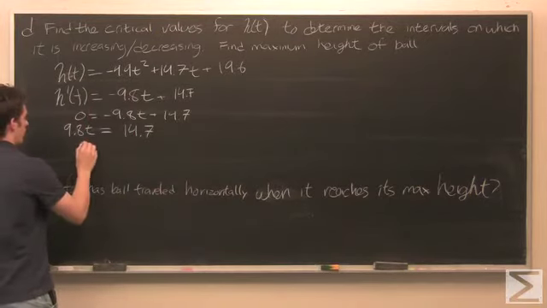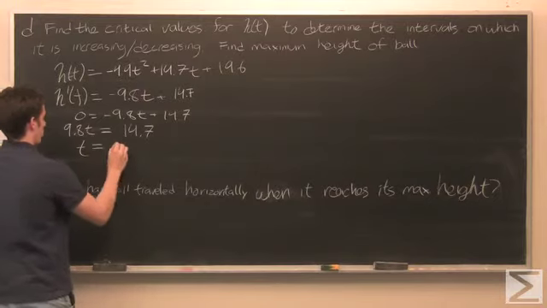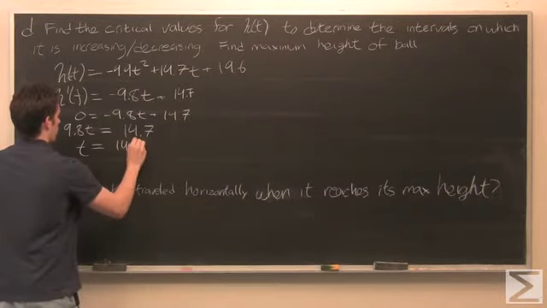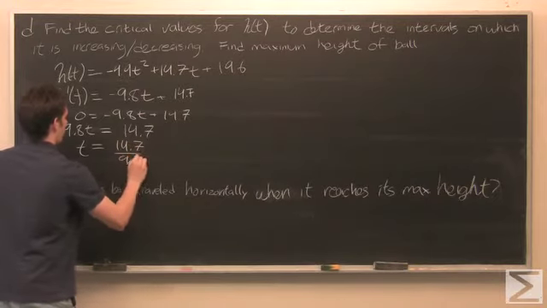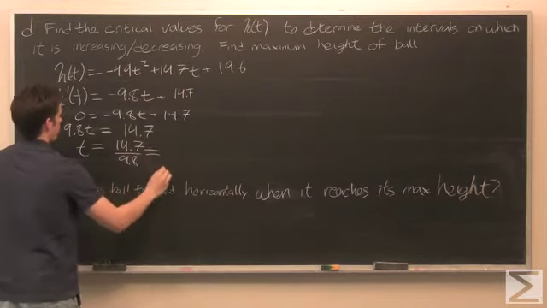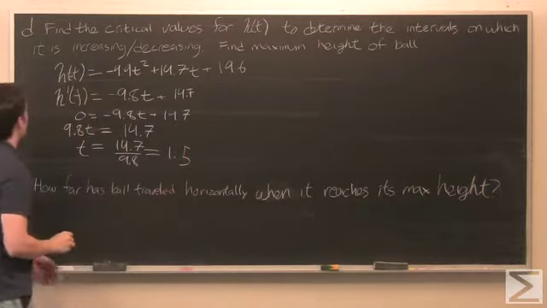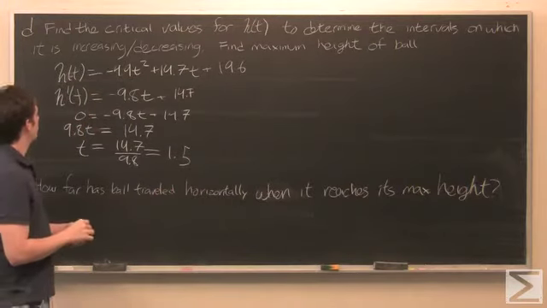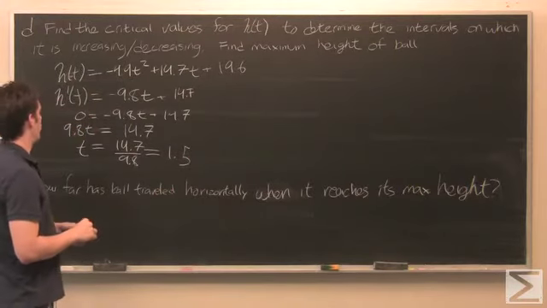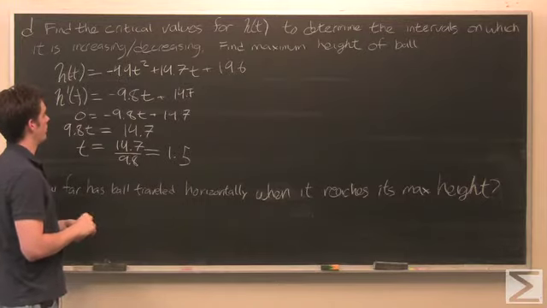Divide both sides by 9.8, and we are left with 14.7 over 9.8, which comes out to be 1.5. So that is when the derivative is equal to 0.